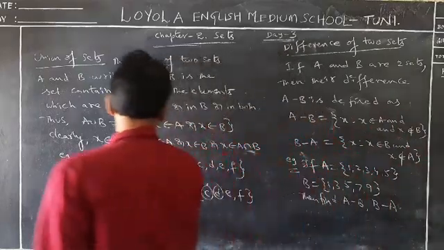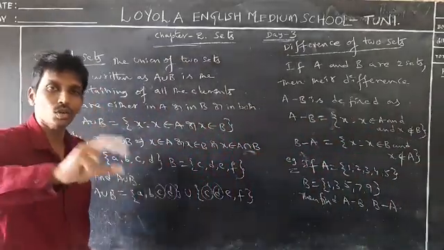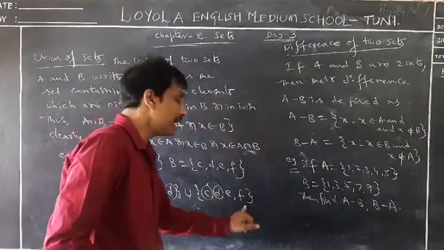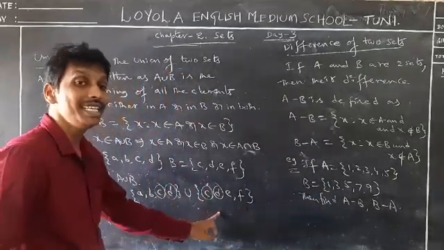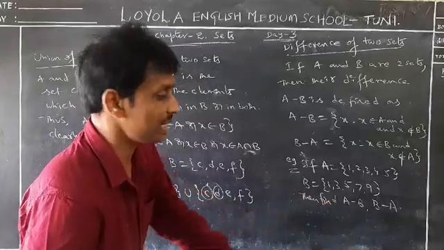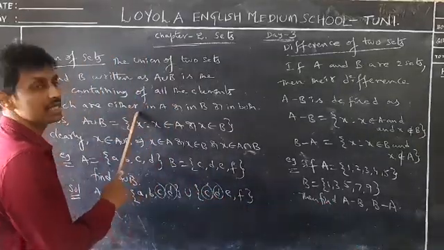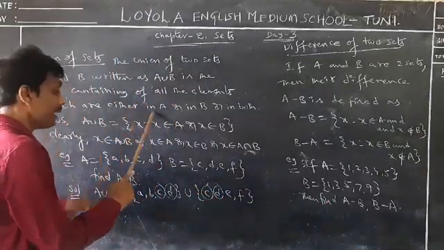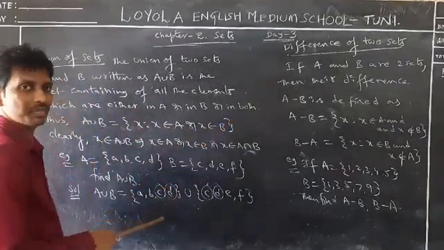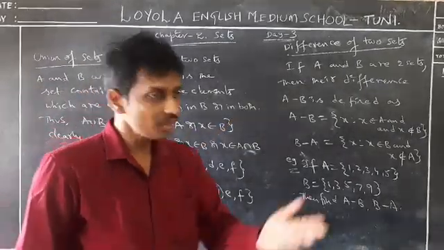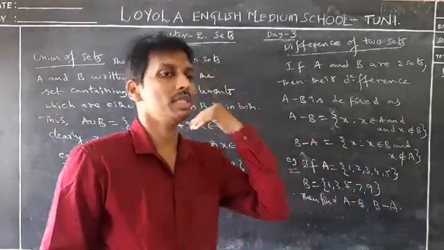So here a and b are present in only A. e and f are present in only B. c and d are present in both the sets. Once again, go through this statement: which are either in A or in B or in both. If the elements are in A, we take them.